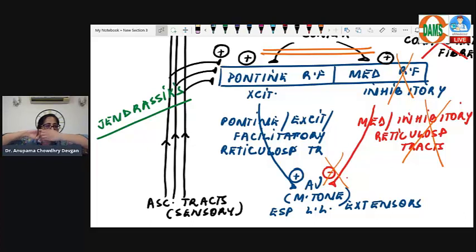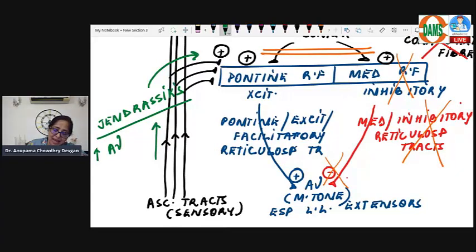Yes. When he hooks his fingers like this, he is increasing the sensory input from the tips of his fingers. That means there is increased input from the ascending tracts to the pontine area. And the pontine area is excitatory, right? So in the Jendrassik maneuver, there is an increase in A gamma discharge. Why?